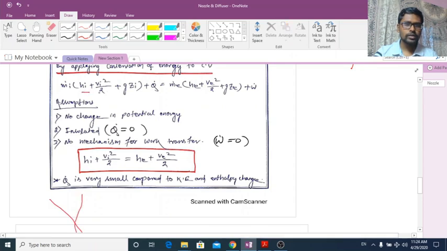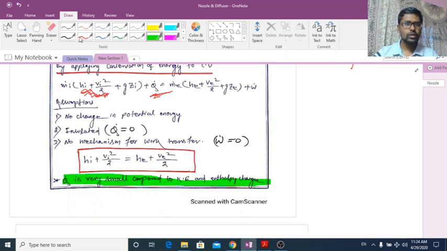Second one is your kinetic energy, and third one is your potential energy. Then this one is your heat transfer. But what happens is the rate of heat transfer, that is Q dot, is very small compared to the enthalpy and kinetic energy change, so we are neglecting the rate of heat transfer here. Okay, so this is also loosely called insulated.